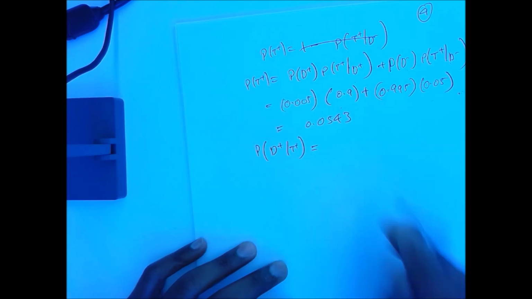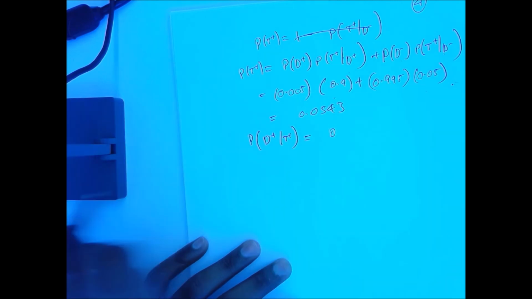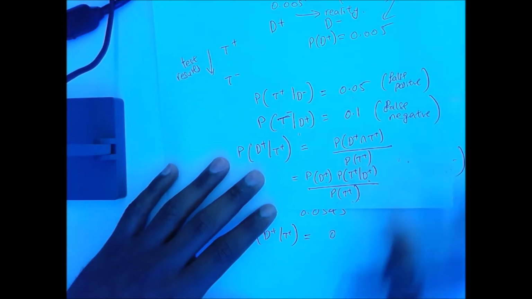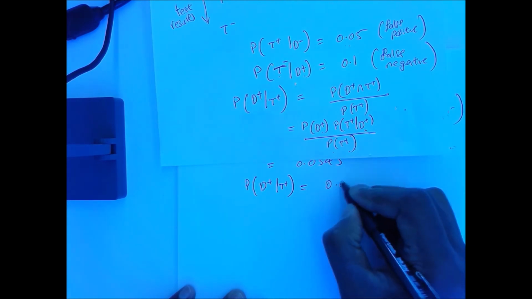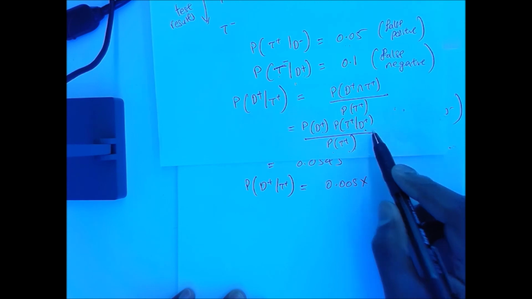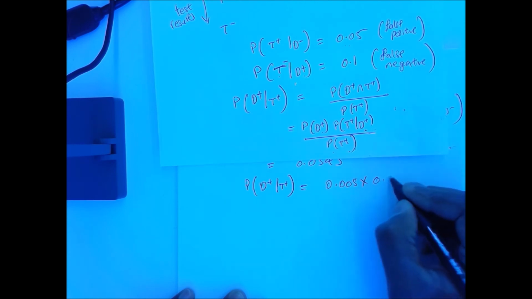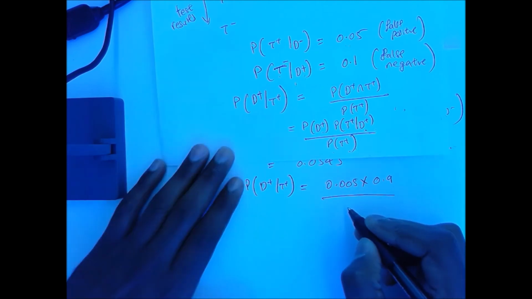Okay. So now let's calculate the probability of D plus given T plus. I'm using this formula now: 0.005 times the probability of T plus given D plus, which is 0.9, divided by 0.0543.